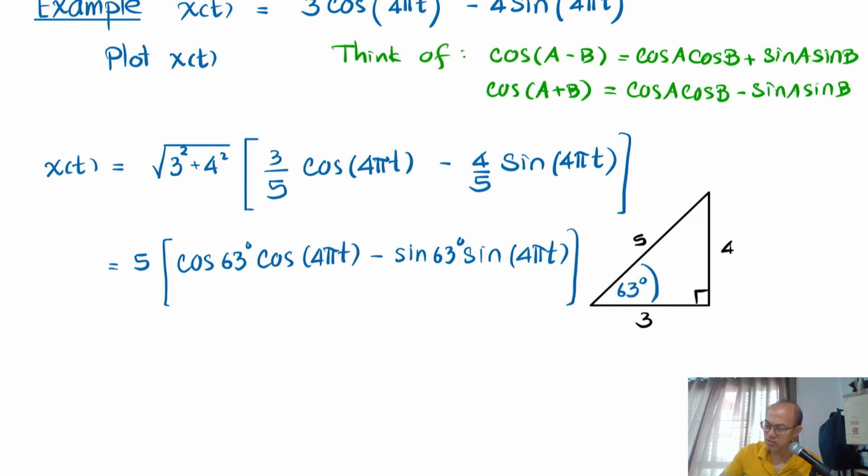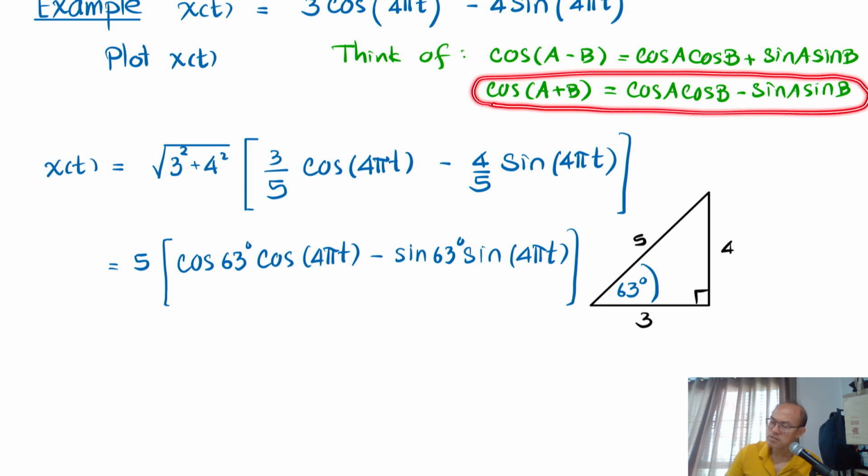And then look at the green equation here. Okay, green, it's right here. You see, so it becomes cosine of 4 pi t plus 63 degrees.